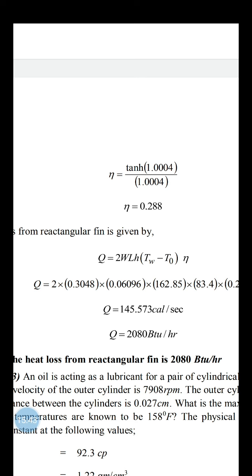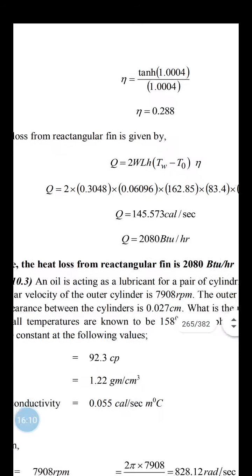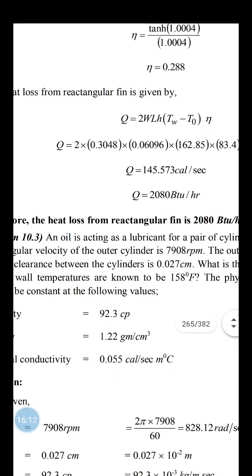Now you have to take the total temperature difference, and multiply it by eta because it is the effectiveness. In hA delta T, A will be 2B into L. So you can find out Q equals 2W into L into h (Tw minus T naught) into eta. You put all the values, you will get the heat transfer rate in BTU per hour.